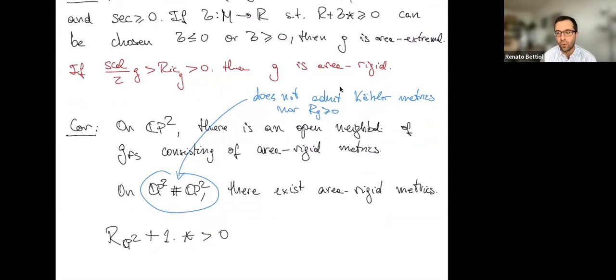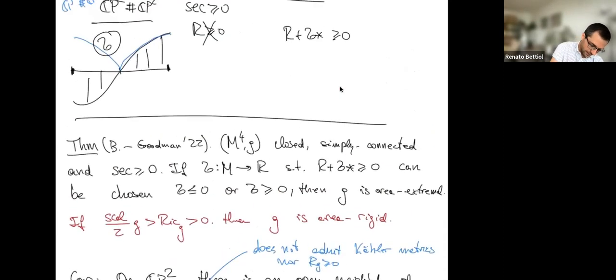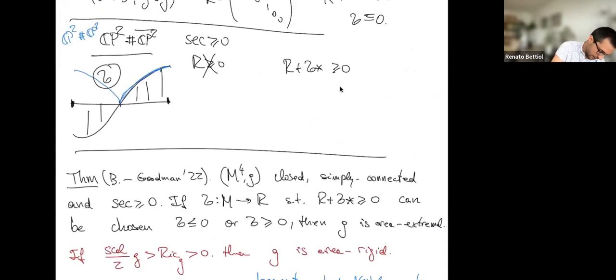So the constant function 1 does the job for the Fubini-Study metric. If you perturb the metric a little bit, you can easily see that you can find functions which are still positive and do the job for you. So that's easy to find. On CP2, the picture is a little bit like this. So you have tau that doesn't change sign. That's kind of what I was mentioning before.